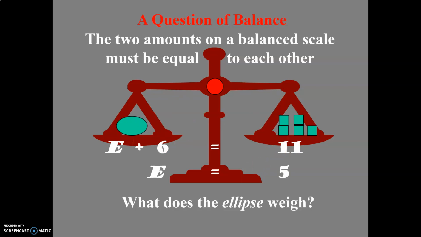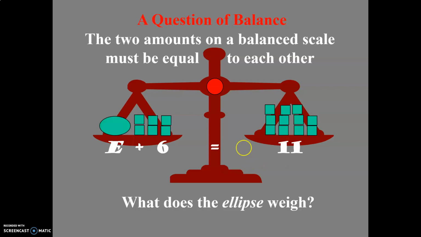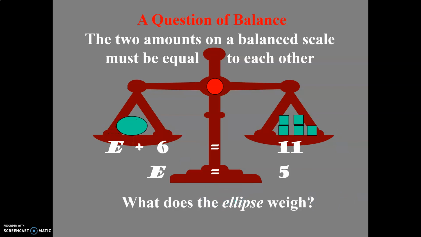But if we take away those 6, there's the animation that I'm looking for, we can see that the ellipse is equal to the 5 that are left on the right side.